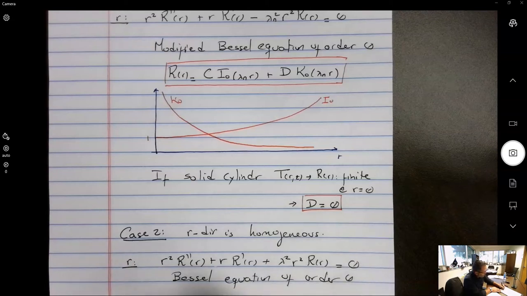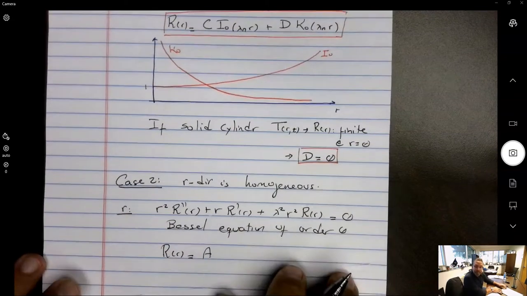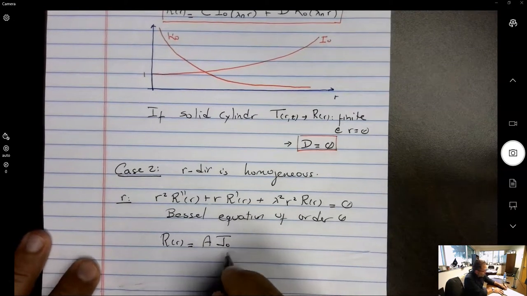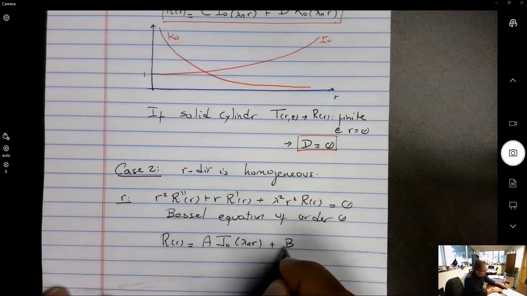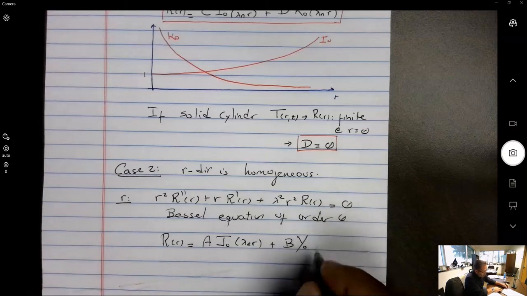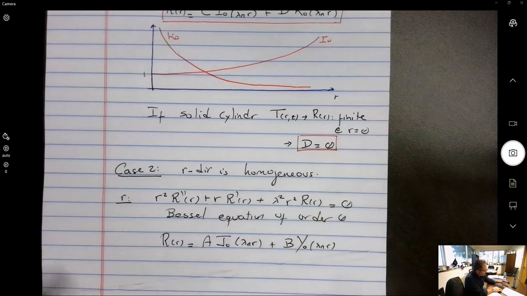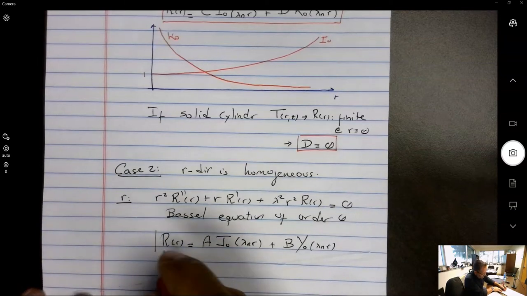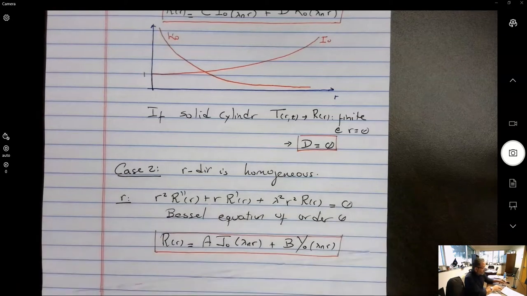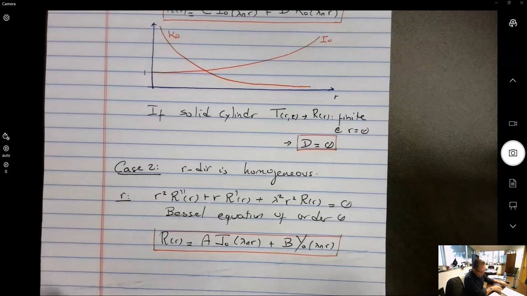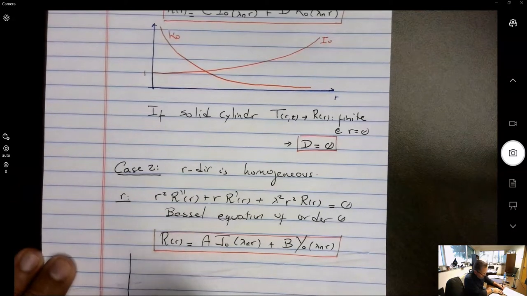And that equation has solutions A times the Bessel function of the first kind of order 0, lambda n R, plus B times the Bessel function of the second kind of order 0, where, remember, these functions are now oscillative.